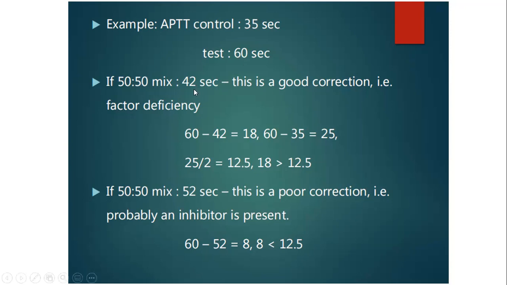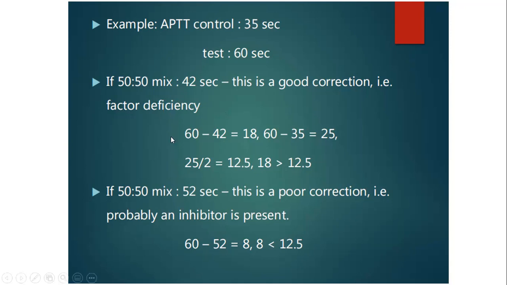So if the change is that drastic, a great improvement in the APTT to the point that it is closer to the normal reference range with the 50-50 mix, that means the patient probably has a factor deficiency.